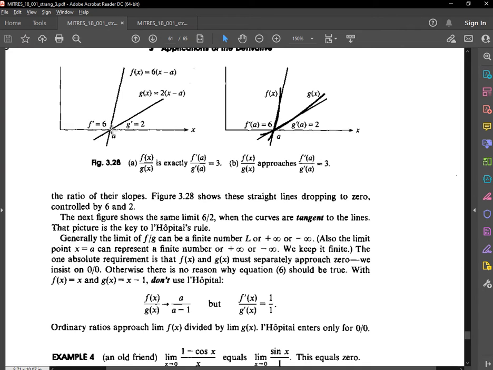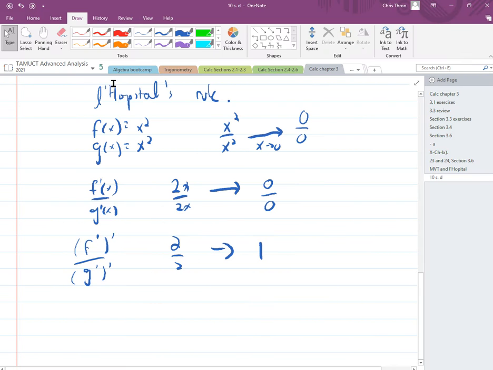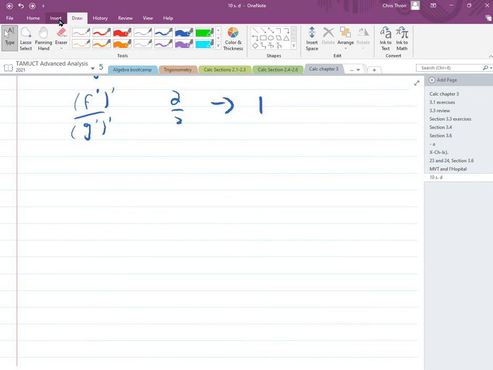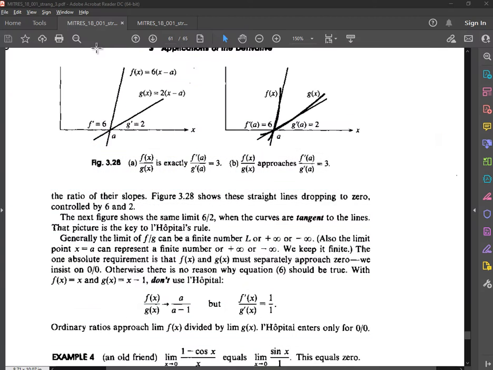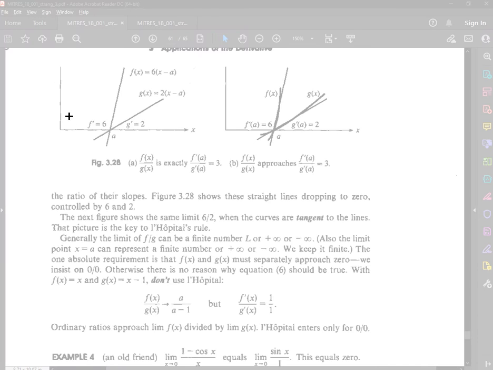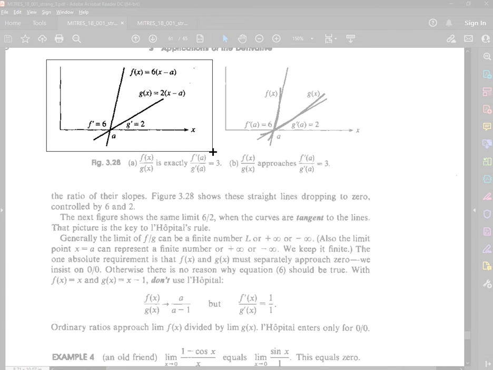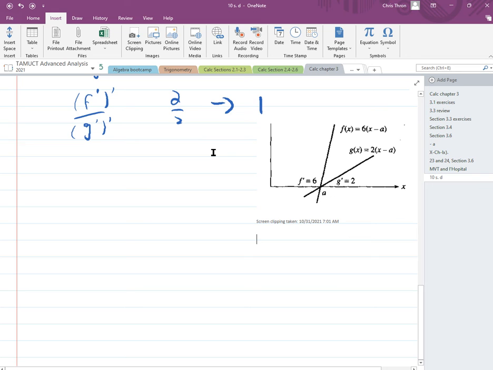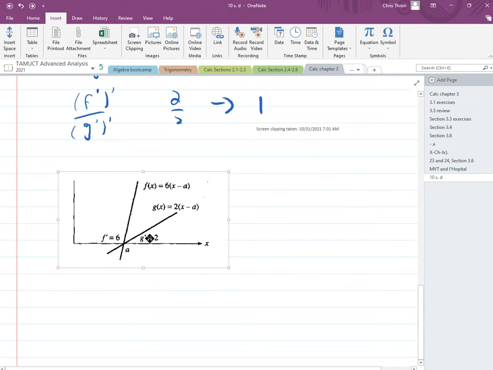Why? Because the value here. Let me draw the picture. Okay, I'll grab it and draw the picture. That's his point here. Okay, all right, we'll move it over here. All right, and make it bigger.